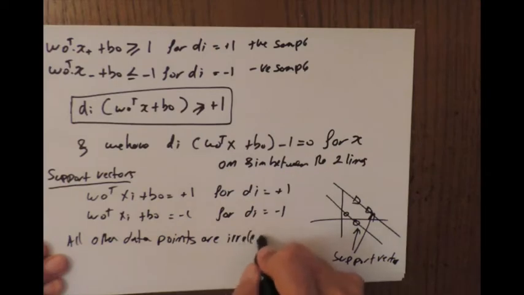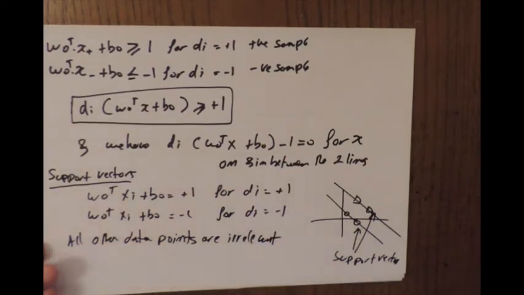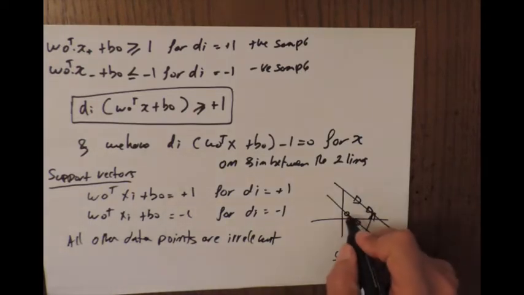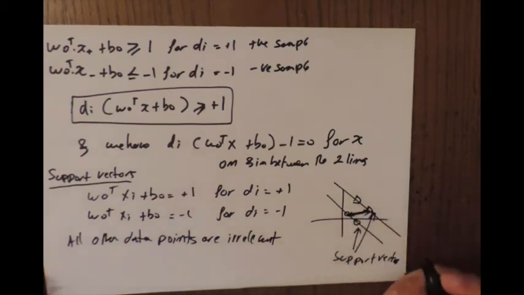For the purpose of creating an optimal hyperplane, we want just those support vectors to construct it, because I want to find the maximum distance between those two cases, and I want to maximize this distance.